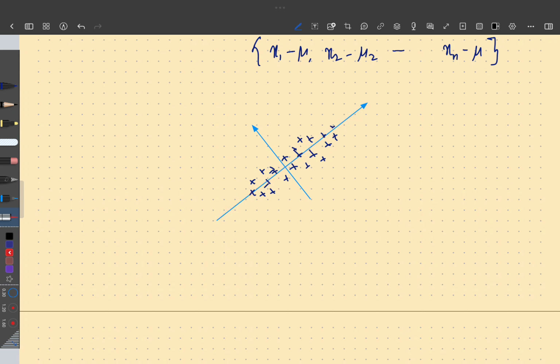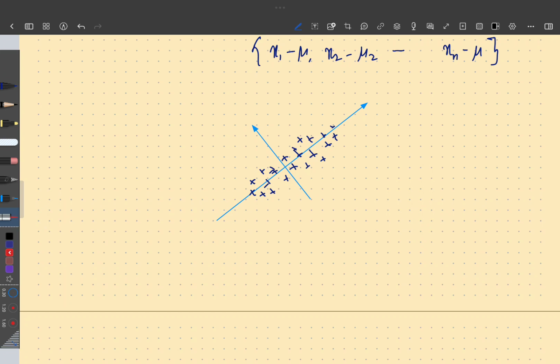If you compare this subspace versus this subspace, it's intuitive that the sum of squared errors would be lower for this particular subspace. At least that's visually obvious.